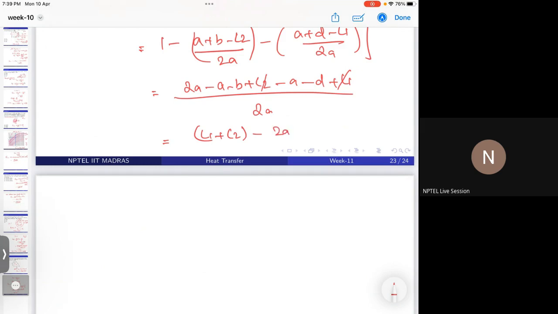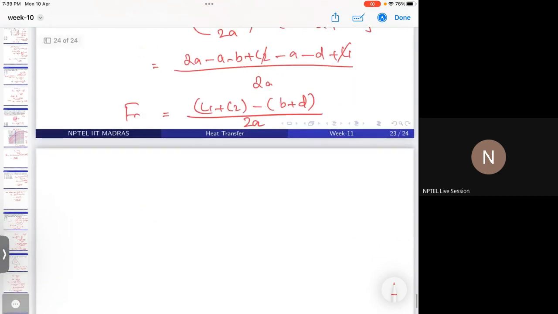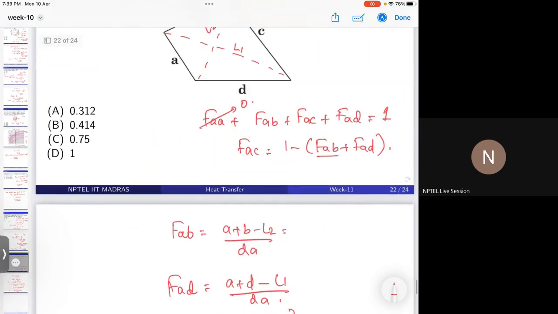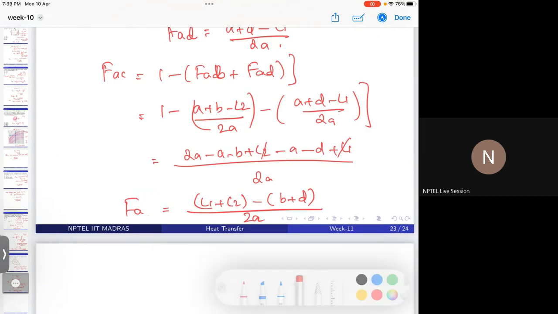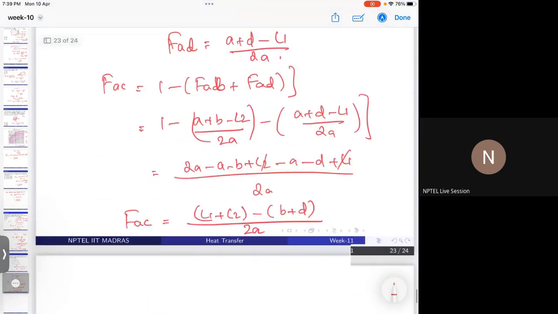Sorry, the A will cancel out because here it is minus 2A plus 2A. Then minus of (B plus D). Taking the minus common, divided by 2A. So this is FAC. That's the general equation for FAC, and that is our first question: determine FAC for this configuration.